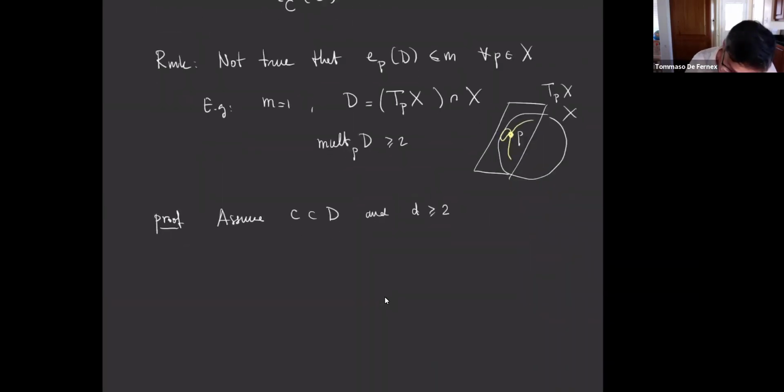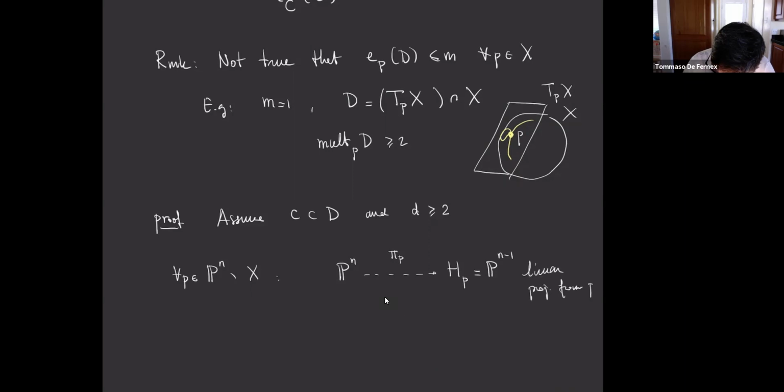So what I'm going to do is look at projection. For every point P in the projective space minus X, I'm going to consider a linear projection. So I have a projective space Pn, and I take a linear projection from the point P to some hyperplane H_P, or just some projective space of one less dimension. And then I can also project X to H_P.